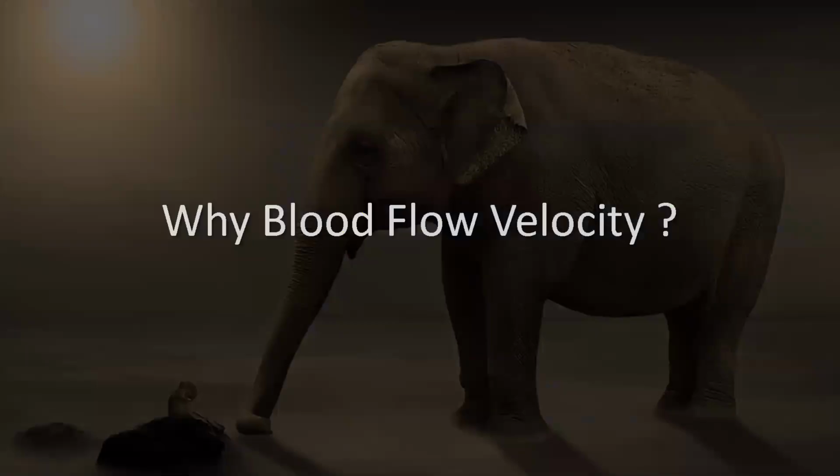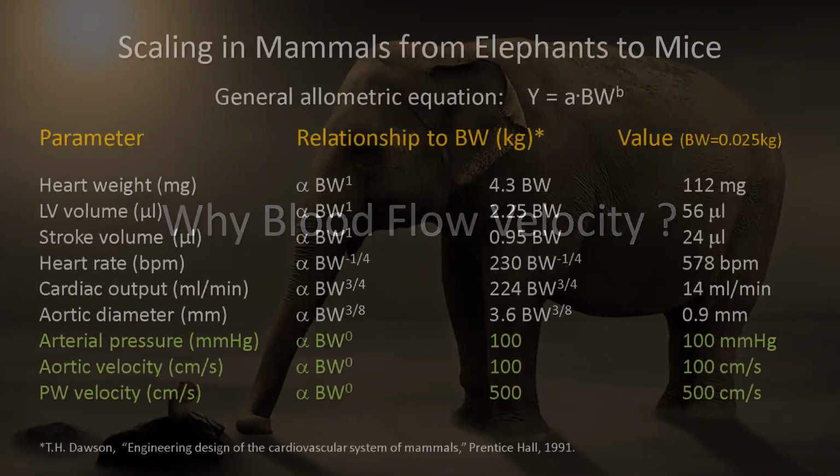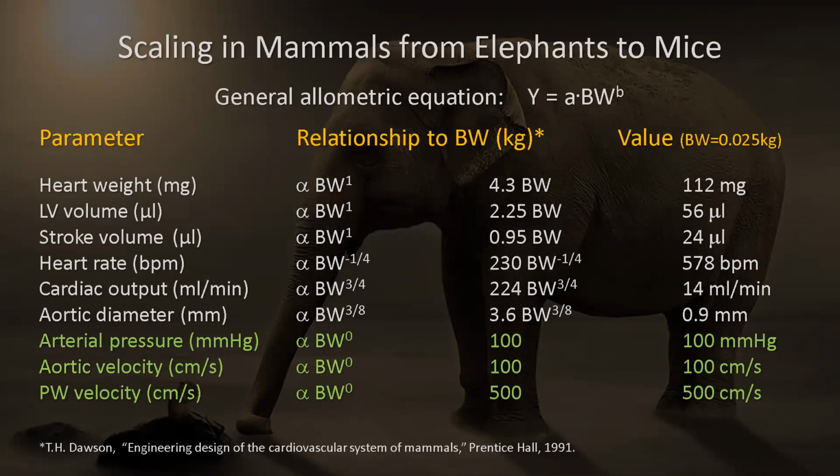Moving on, why blood flow velocity? We have to look simply at the scaling. The table here shows the general allometric relationship between the cardiovascular parameters and the body weight of the animal.